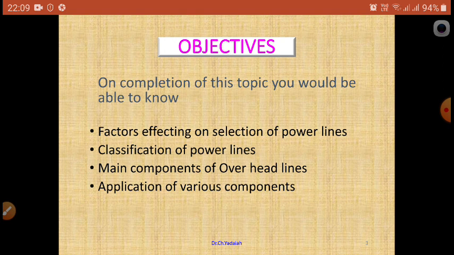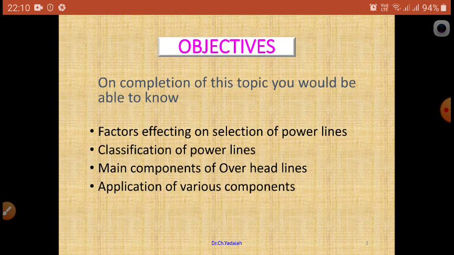This transmission line alone is nearly 3120 circuit kilometers. At the same time, 400 kV also covers nearly 7200 circuit kilometers. So these are the large transmission lines, and the total network covers our India.